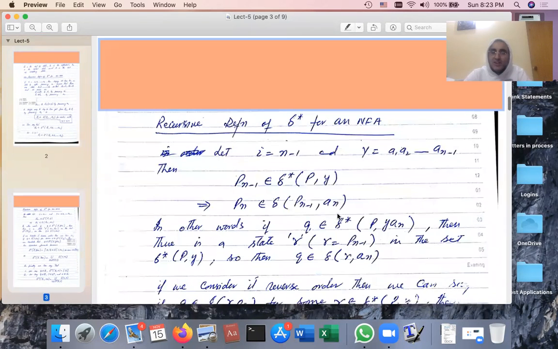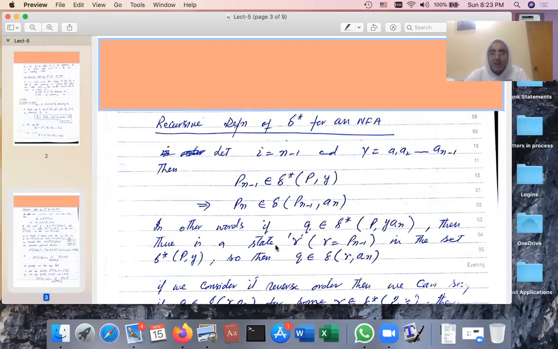Q is any state where I want to reach. In other words, if Q belongs to delta star of P comma Y, that's clear, this is something from my previous knowledge. Then there is a state R, which is some previous state, Pn minus 1. This Q is my Pn actually.